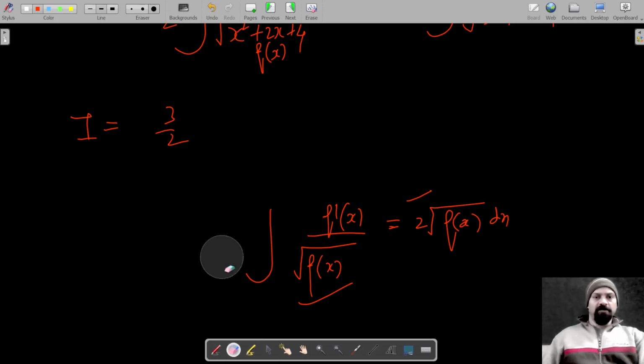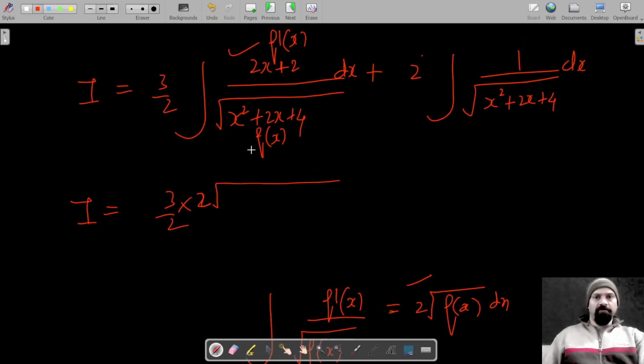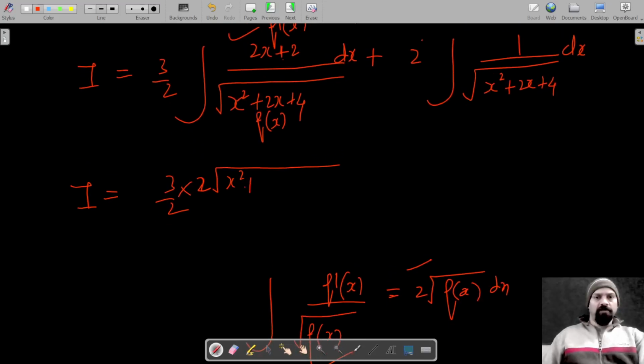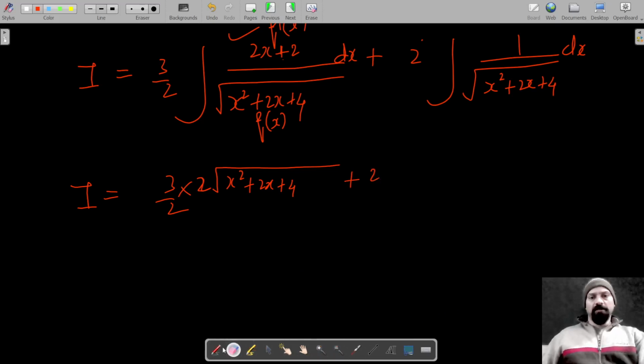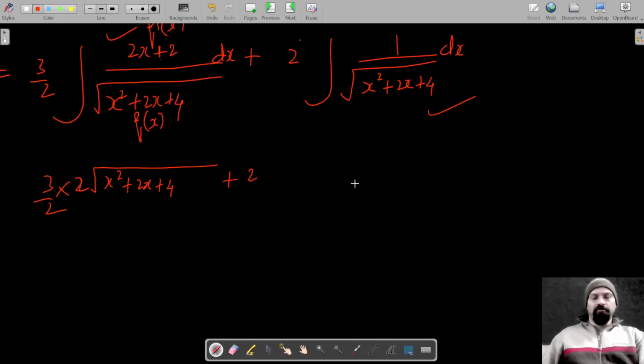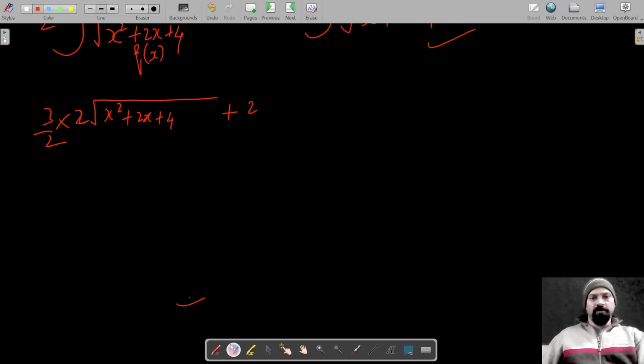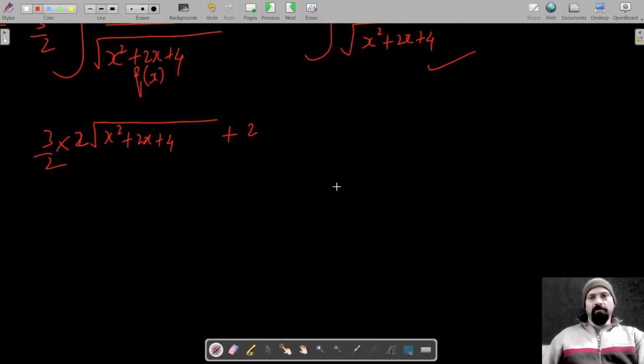So this integration is done, which is equal to 2 into the integration of f of x, and f of x is x squared plus 2x plus 4. And now we are left with the integration of this one, and for this we will find the square. So x squared plus 2x plus 4 is equal to, let's multiply this with half, which is 1.